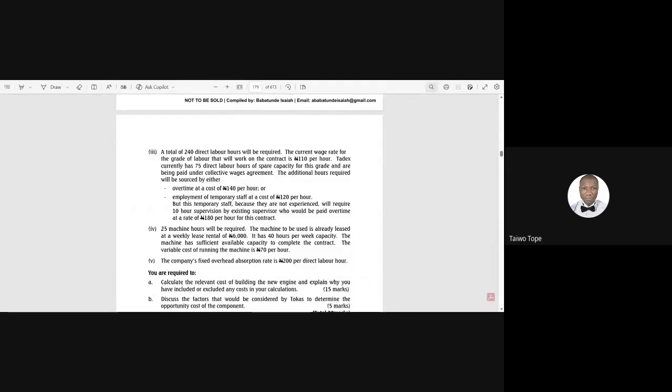The point is, if you don't use it in the production process, you have to call those that will help you to dispose it. It's not that you are selling it. You are not selling it because it's a harmful product, but you need to move it out of your warehouse. The cost of moving it out of your warehouse to a place where it will be discarded is something to look out for.